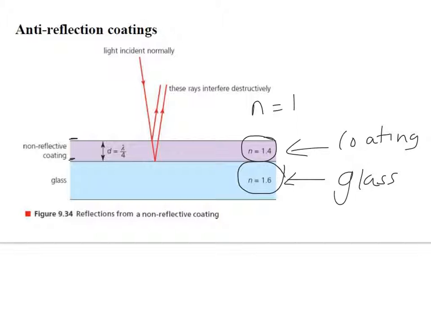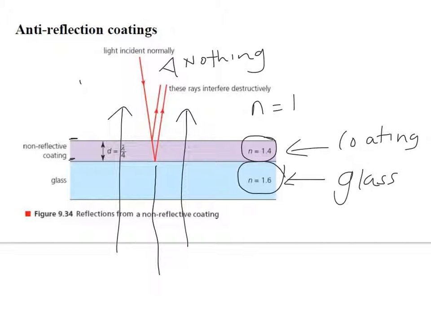Now, what we want is for that wave to get back to this point here out of phase. Why? Because as we mentioned before, if they destructively interfere, as your eye receives the light, you will see nothing. And if you see nothing, then the light that's coming through the glass will take priority.